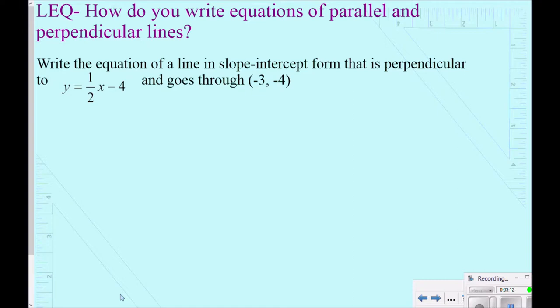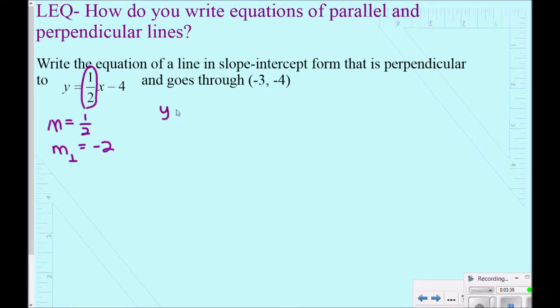So this time we have this equation, and we have the slope I can see is 1/2. M is 1/2. We want the perpendicular line, so we want m perpendicular. So we're going to get the reciprocal and change signs, which would give us -2. And it's asking for, again, slope-intercept form.